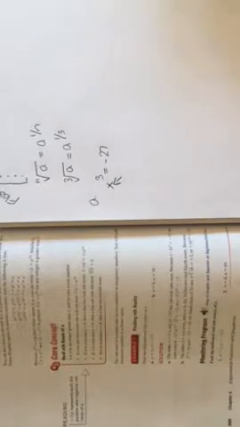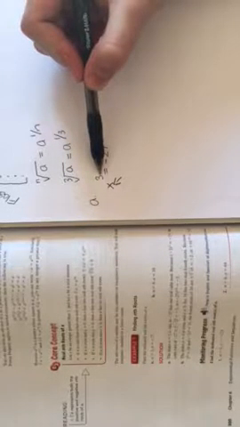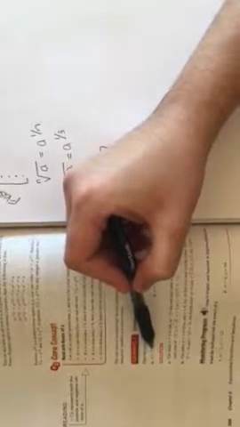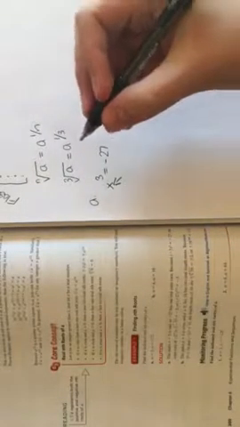The first bullet point reads, if n is odd, then a has one real nth root. We have n right here, 3. n is odd, so we have one real nth root.